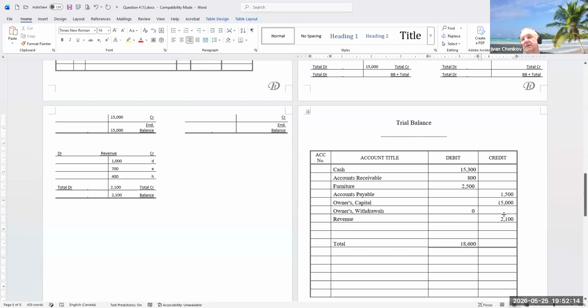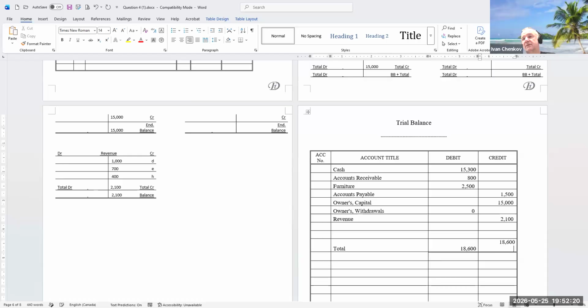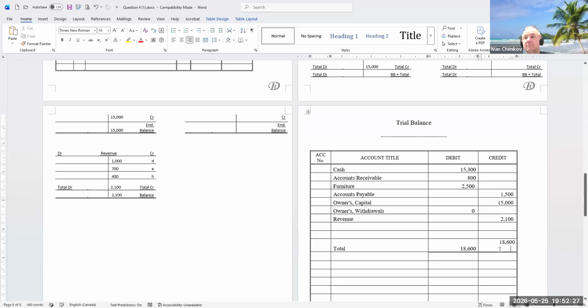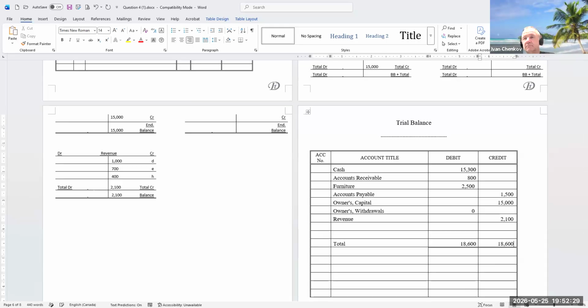So 15,000, 16,500, 18,600. We have the 18,600 on the credit side as well. So our trial balance is in balance.